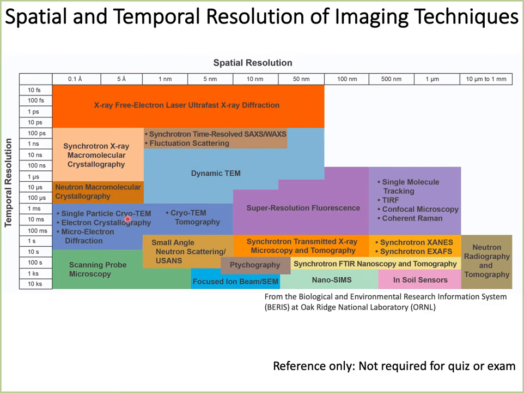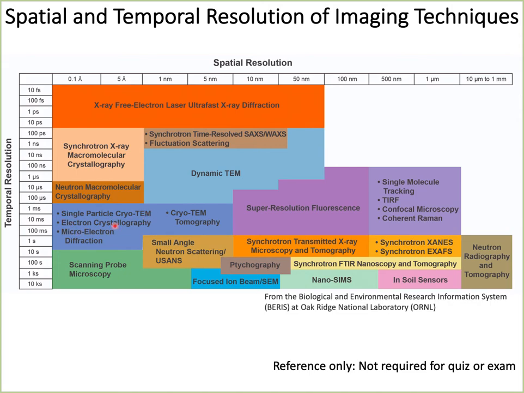So this is pretty much what we actually covered. Think about what we talked about: the confocal, TIRF, single molecule tracking, super resolution fluorescence, and we're going to discuss cryo-TEM, the transmission electron microscopy, and single particle cryo-EM. These are the things that we are going to discuss. There are many other techniques used for this purpose, but we are limited to these here.